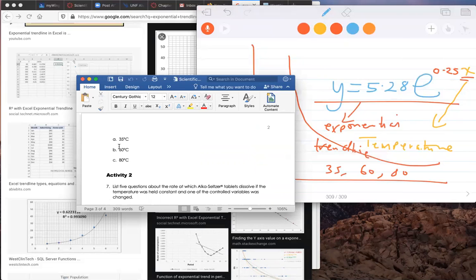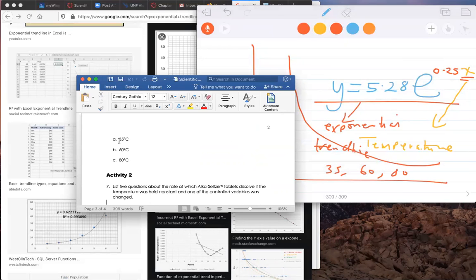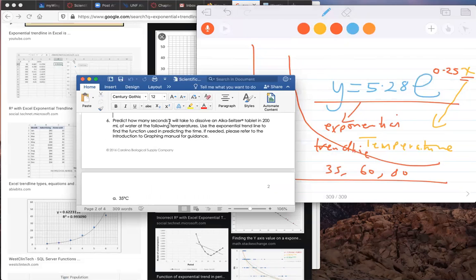In your calculator, y = 5.28, I'm just using my example here, if it is 35 and I want to predict how many seconds it will take for the antacid to dissolve at 35 degrees Celsius.